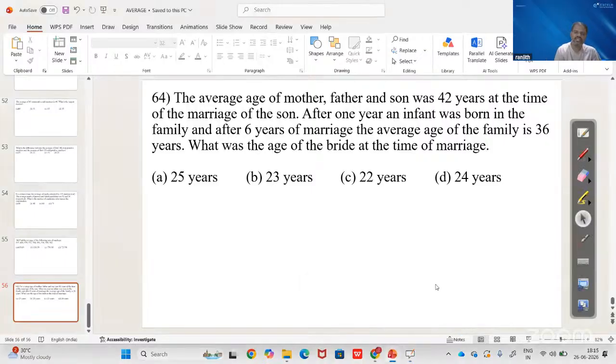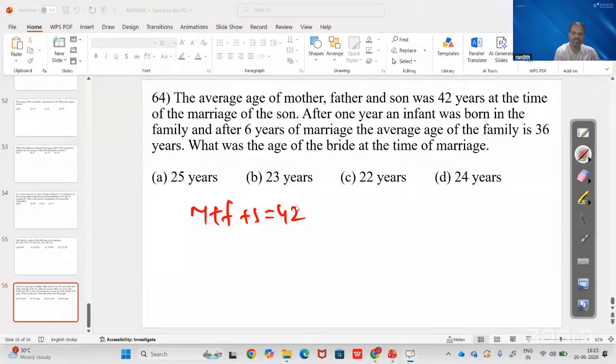The average age of mother, father, son is 42 years. So that is MFS equal to 42 years. Total members equal to 3 persons.